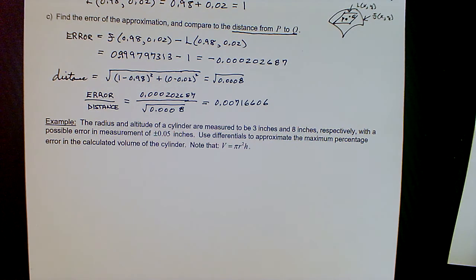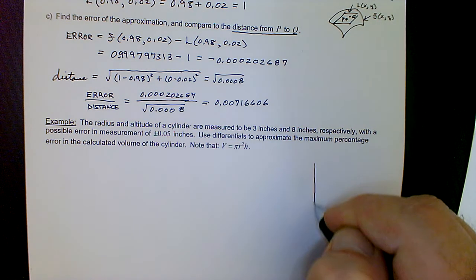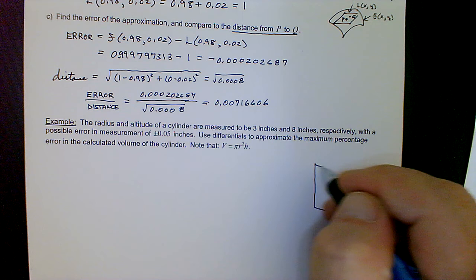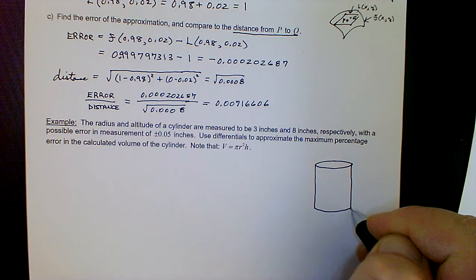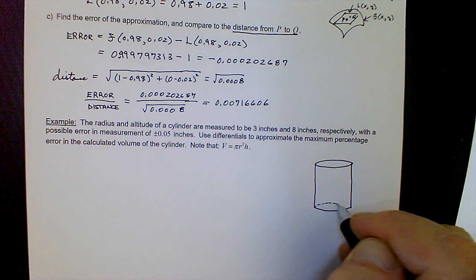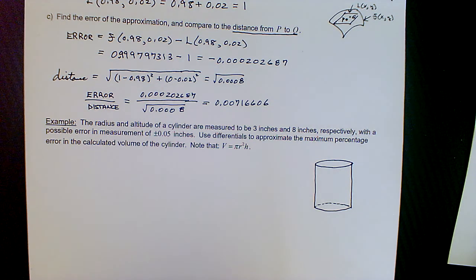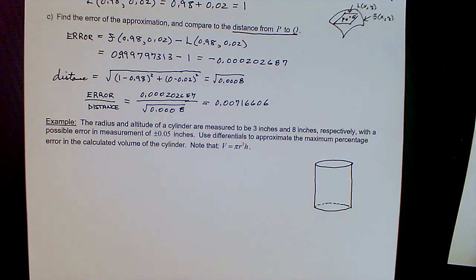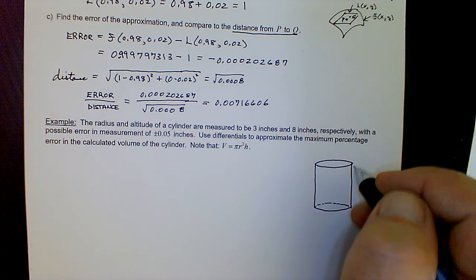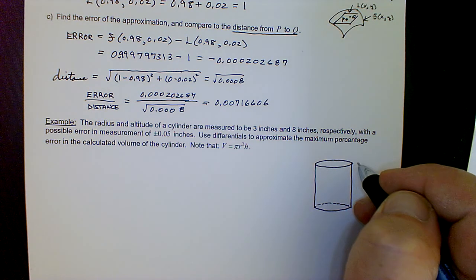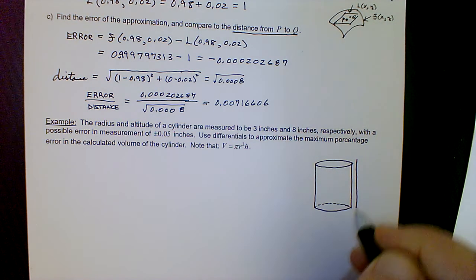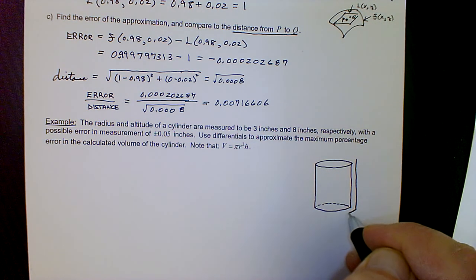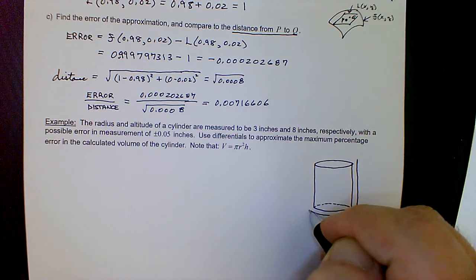So the idea is that you have this cylinder, a little can of soup or whatever you want to call it, and you've got a radius and an altitude, and the actual measurements could differ for the radius by 0.05 inches, so we'd have a larger radius, and similarly the altitude can differ by 0.05 inches as well.